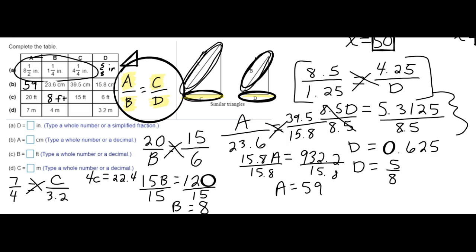There's no rounding. That was a terminating decimal. Then to get C by itself, I divide both sides by 4 to give me C equals 22.4 divided by 4 is 5.6. And so 5.6 meters for part B.